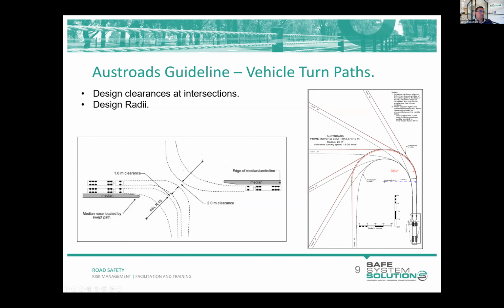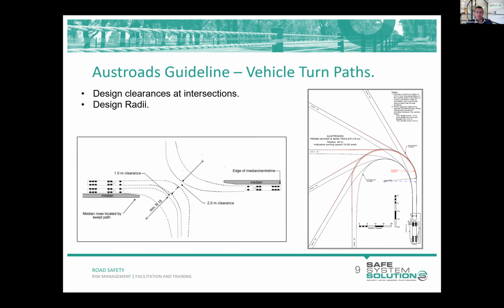This diagram is at a particular radius and turn speed. It's a 20-metre radius, which equates to a turn speed of about 15 or 20 kilometres per hour. It's important that we are using the correct radius. This radius and turn speed might be appropriate for a movement that doesn't have to yield.